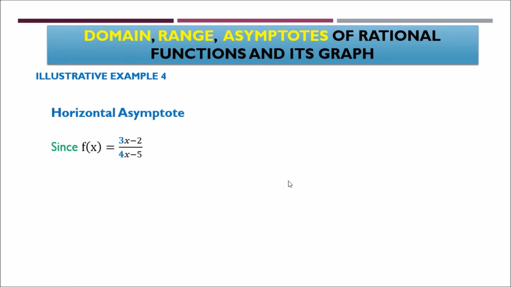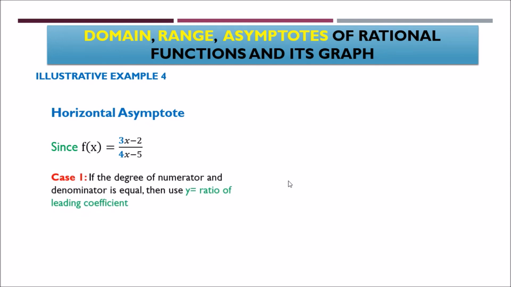So in finding the horizontal asymptote, since f of x equals 3x minus 2 all over 4x minus 5, it is under case 1: if the degree of the numerator and the denominator is equal, then use y equals the ratio of the leading coefficients.